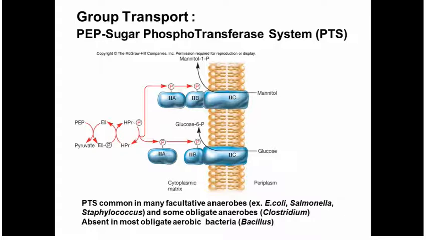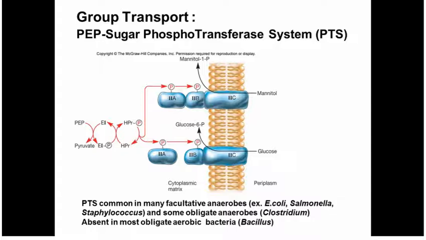And as we'll see, anaerobic metabolism by fermentation does not produce a lot of ATP molecules per glucose. So if you can save 1 ATP, that's really important. Very important for anaerobes. For obligate aerobes, they're going to be performing respiration, and this will give you many more ATP molecules per glucose.